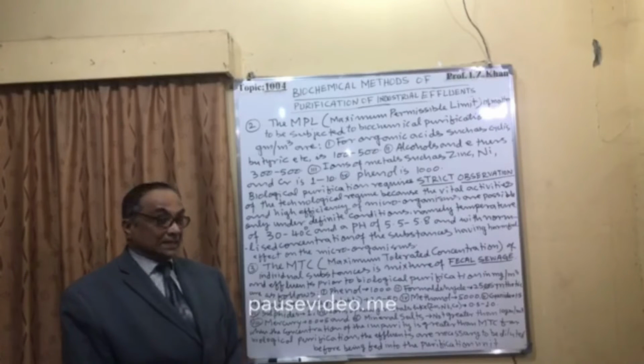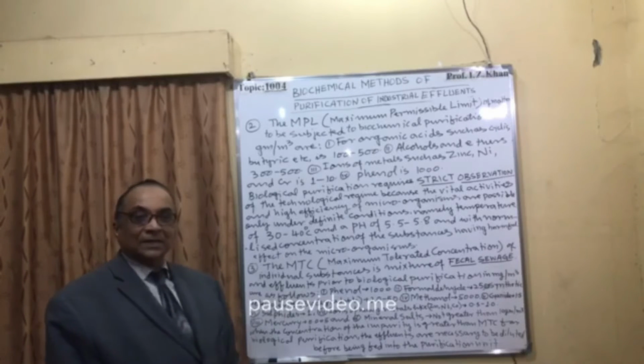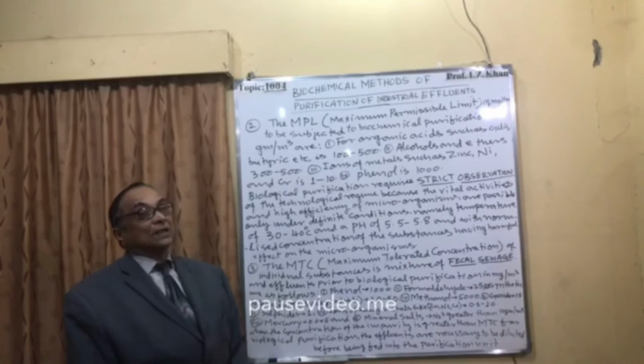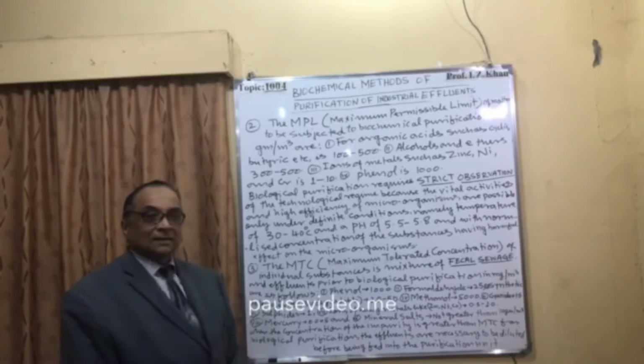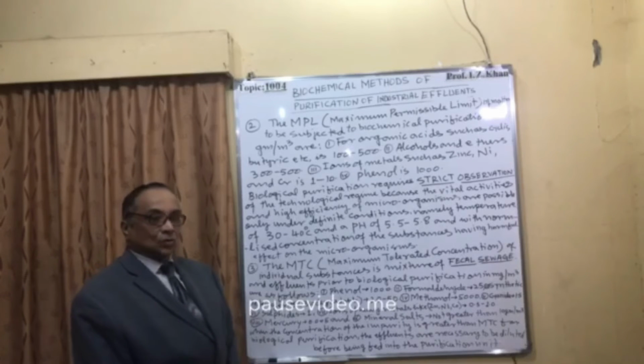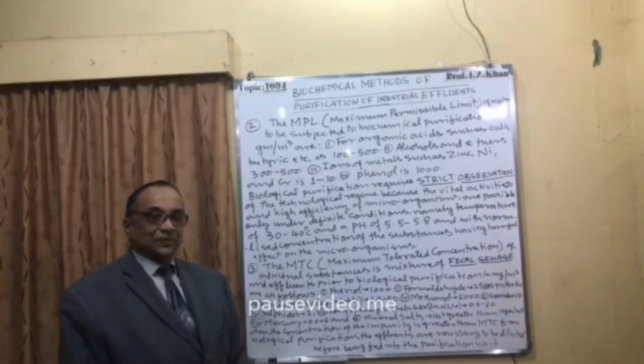If it exceeds that, the activity of microorganisms will diminish, and if it goes above 50 degrees, then they are totally ineffective, or they may be destroyed or killed. So the best temperature for biological purification is from 30 to 40.